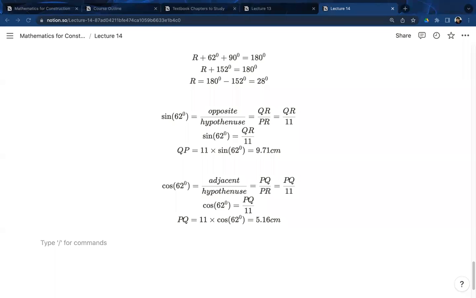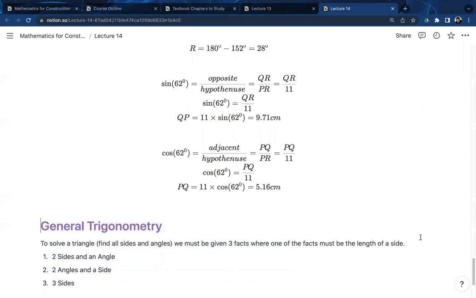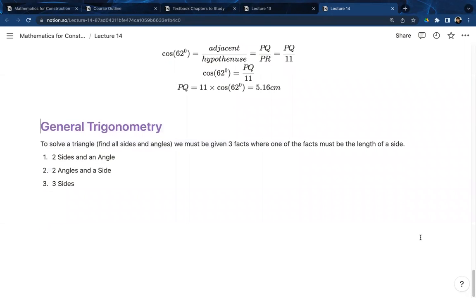Besides sine, cosine, and tangent, we've got to get a little more sophisticated, right? So general trigonometry, you've got to make peace with these things, right? Triangles have three sides and three angles, okay? They don't have a lot of complexity in that shape.